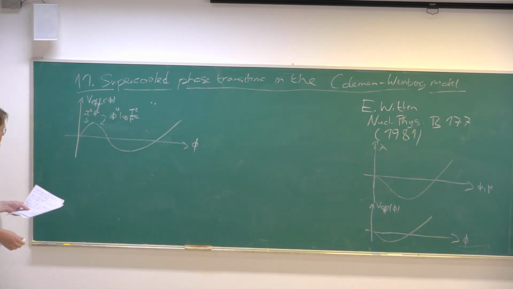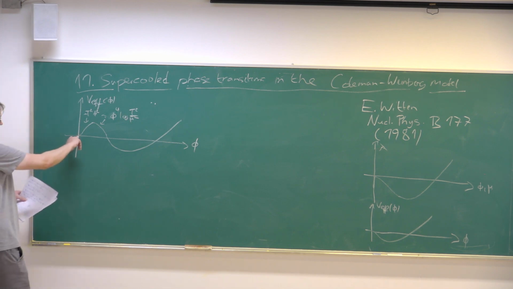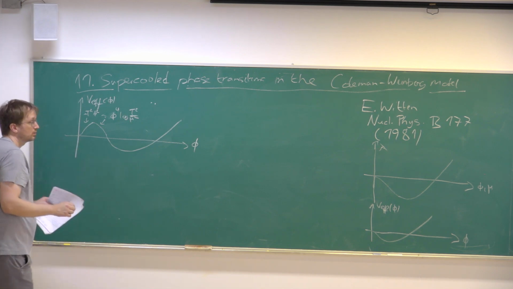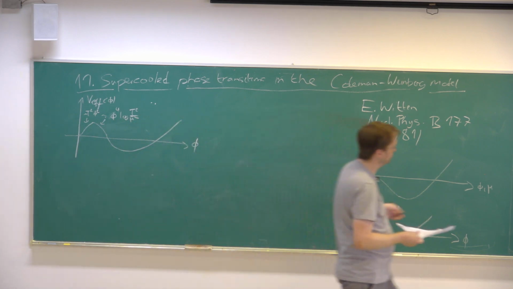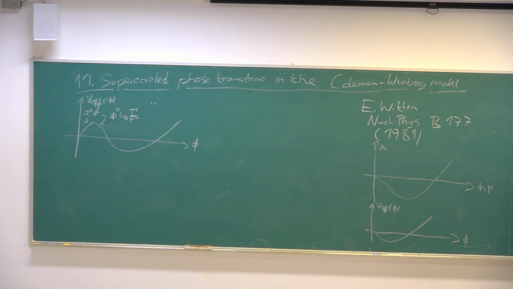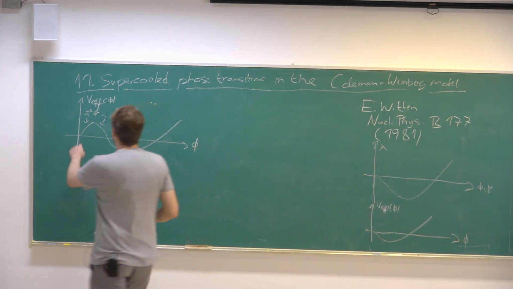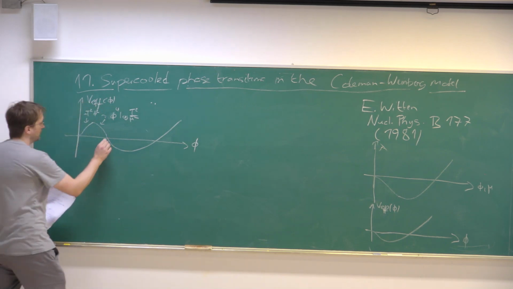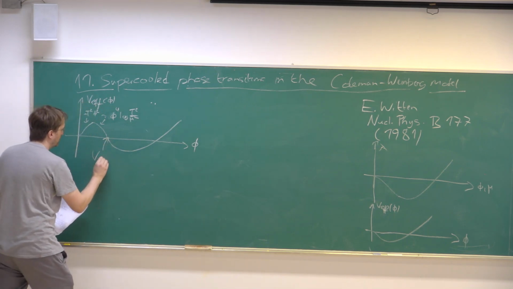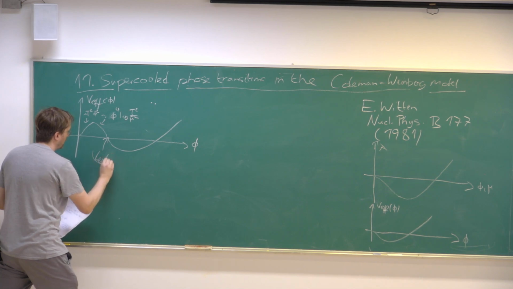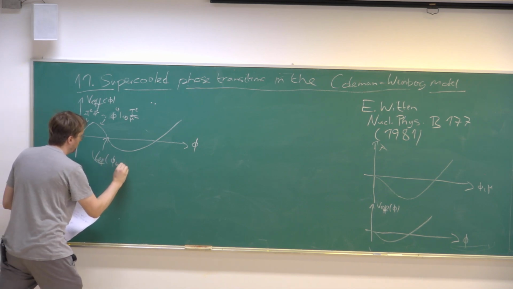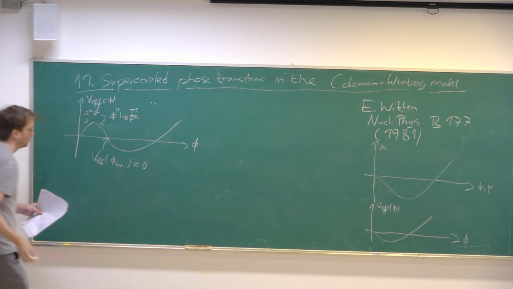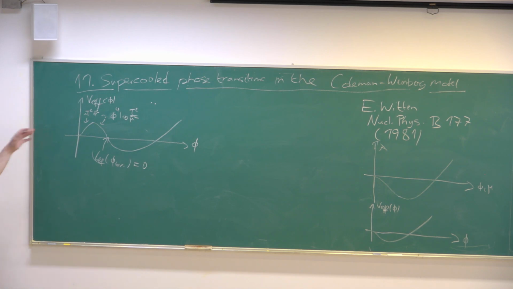To give an estimate of the barrier, it's normalized such that for phi equals 0 this potential vanishes, and I define the end of the barrier as the point where the effective potential of phi barrier is 0.